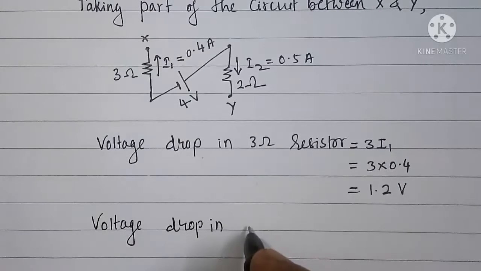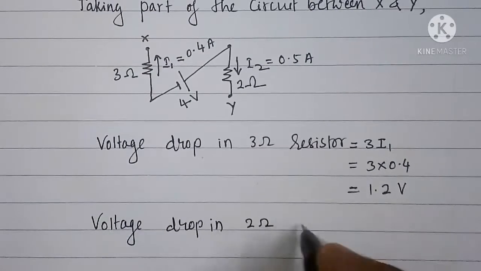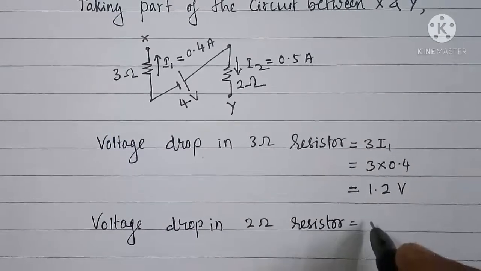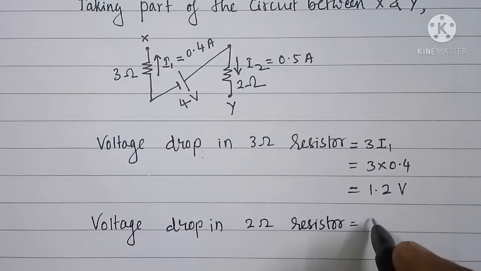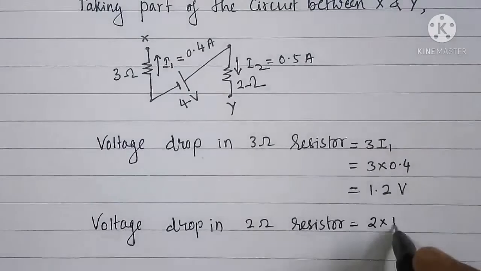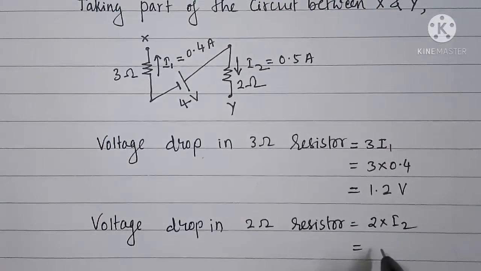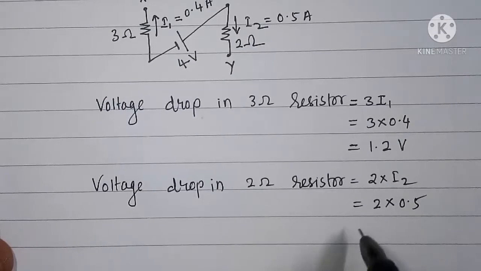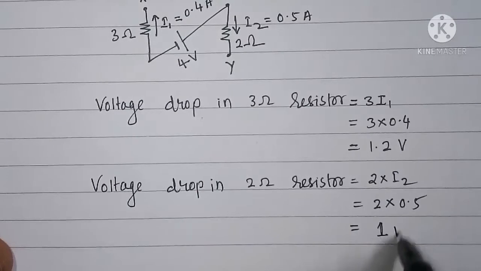The voltage drop in the 2 ohm resistor is equal to 2 into I2, that is 2 into 0.5, and that is equal to 1 volt.